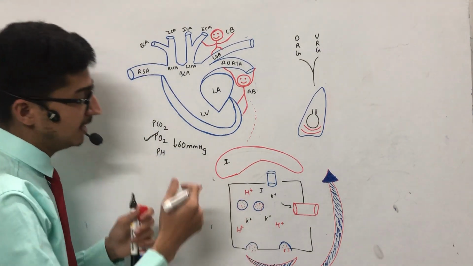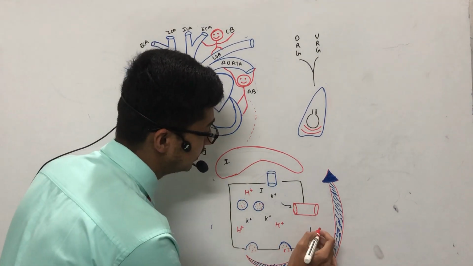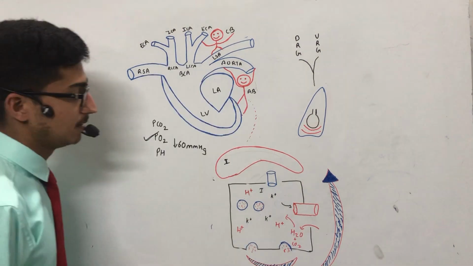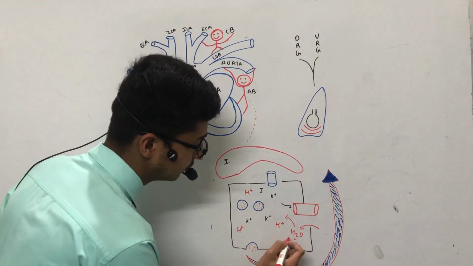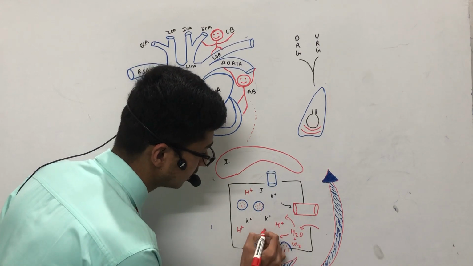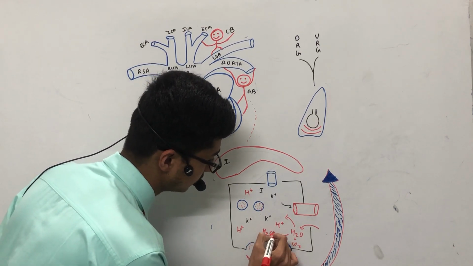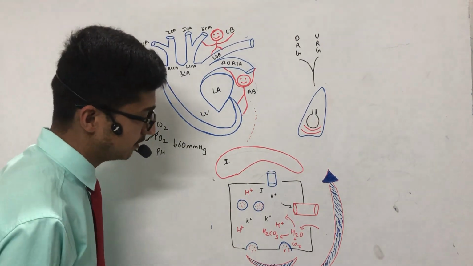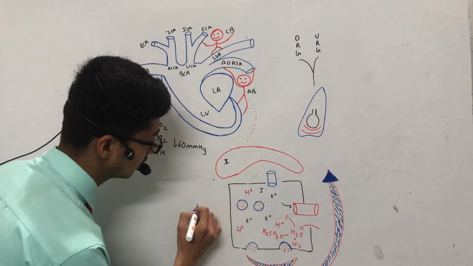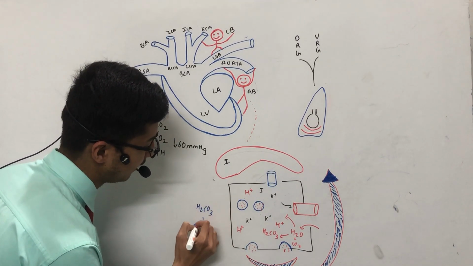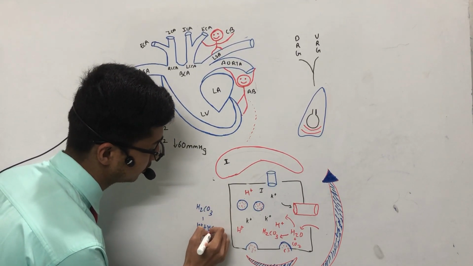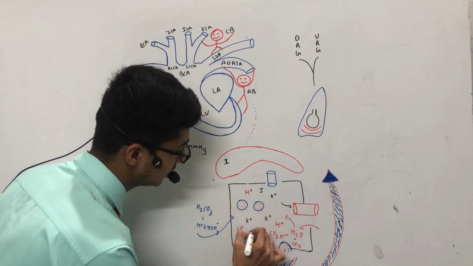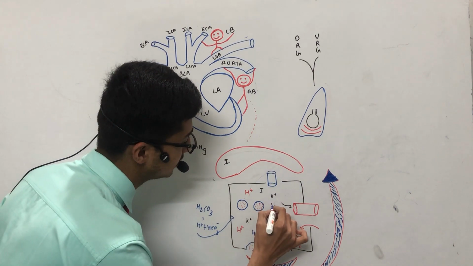Along with these, carbon dioxide will move inside and combine with H2O to form H2CO3. We know this compound is unstable, so it will form H plus and HCO3 minus. This H plus will also increase the electropositivity inside the cell.